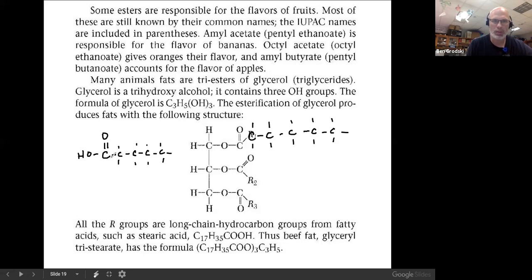Now you say, Mr. Grodsky, I thought fats were nonpolar. They are. And they're nonpolar because they have a very, very long hydrocarbon chain. I'm not showing that here. So if you think about 35 of these carbons long, you would say that, hey, this molecule has a large, large nonpolar factor. Yes, there is a polar factor here, but it's inconsequential to the rest of the molecule, okay?